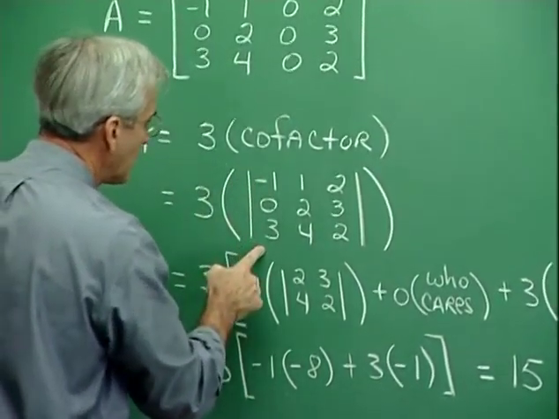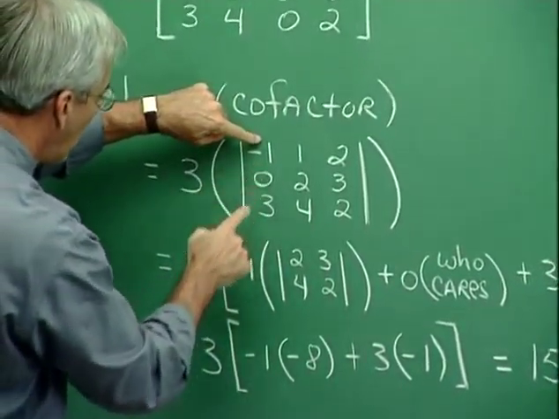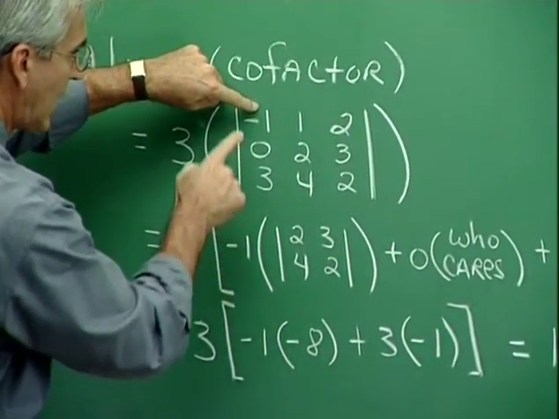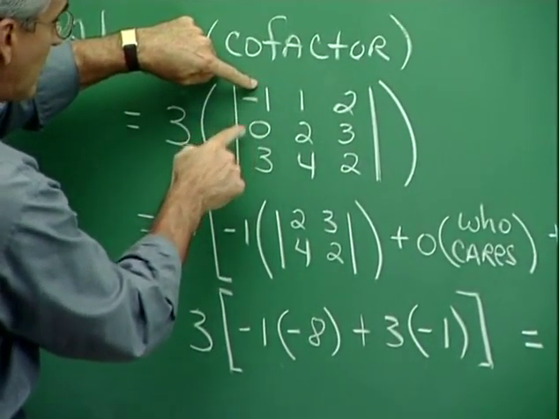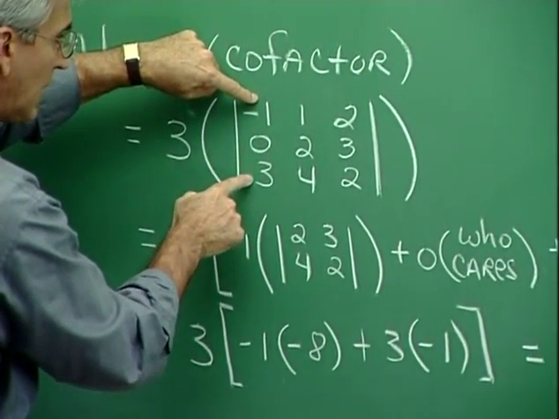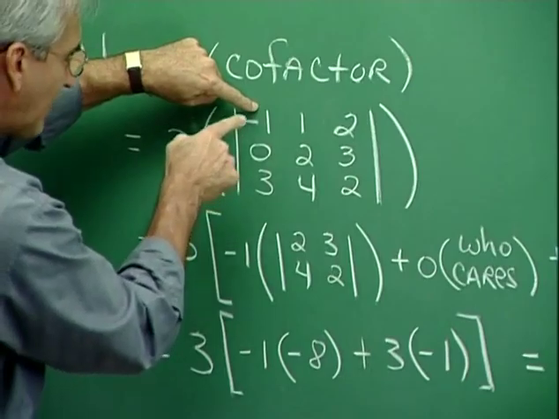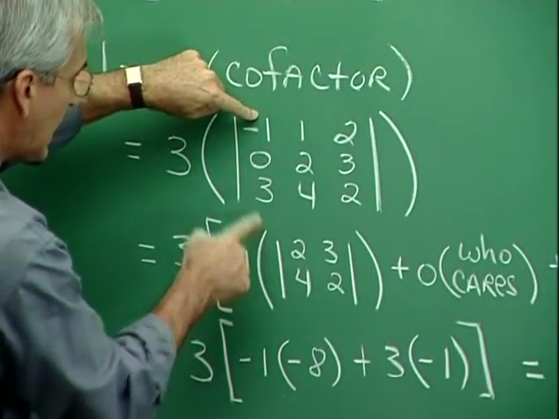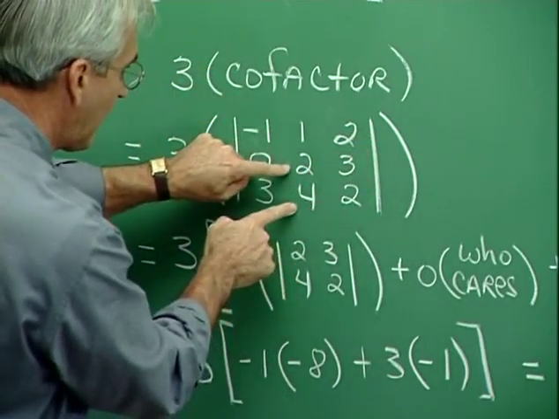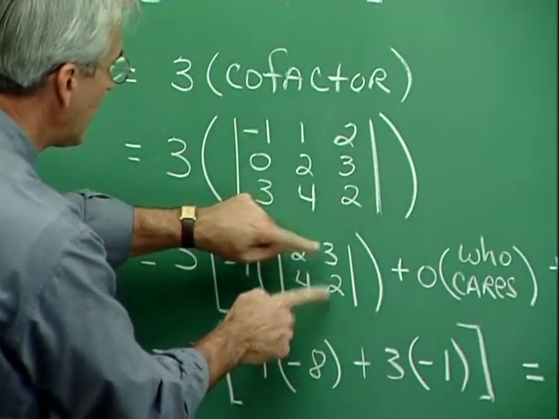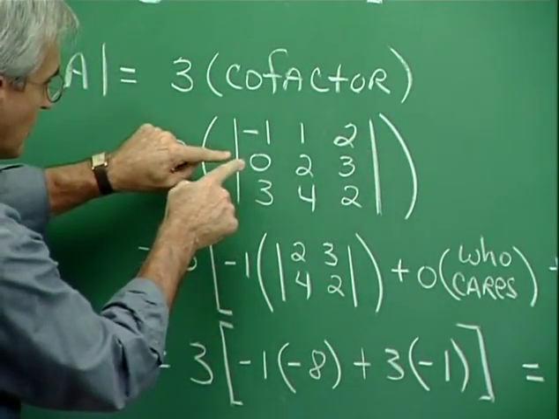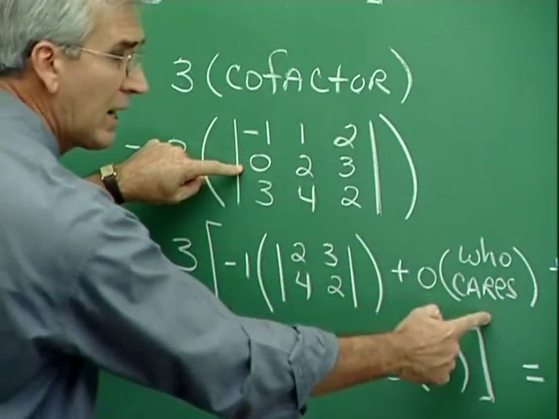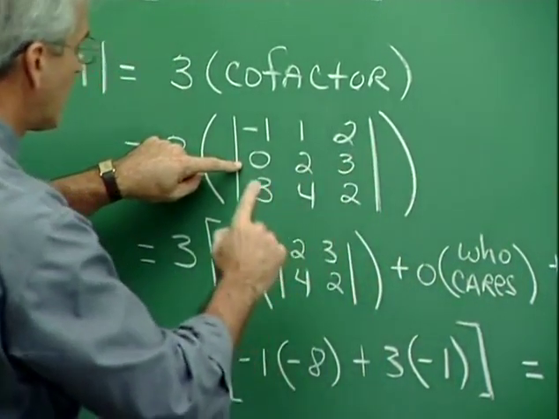If I go down this column, I've got negative 1 times, and I have the plus, minus, plus kind of sign pattern. So I've got plus right here, and that's why this is understood to be plus. And now take out row and column, and I have the 2, 4, 3, 2 right here. And now I'm coming down this way, so it's 0 times, well, who cares what it is? That's just going to go out.